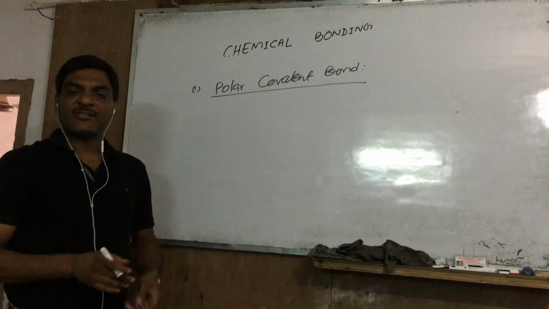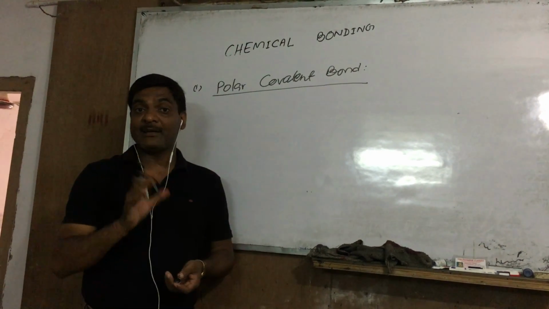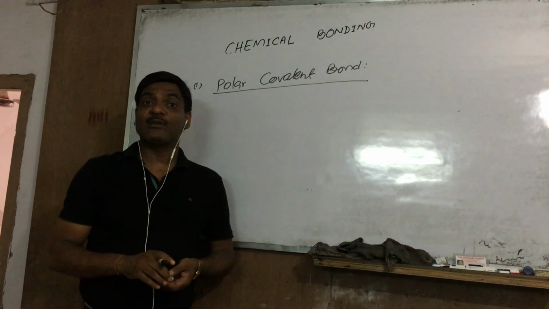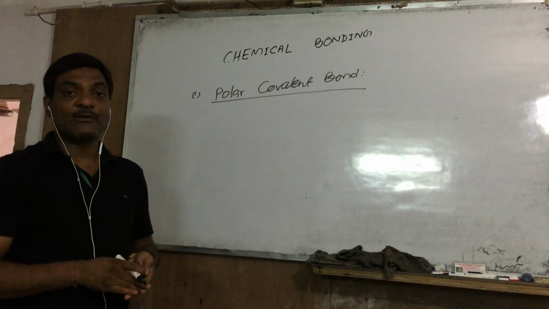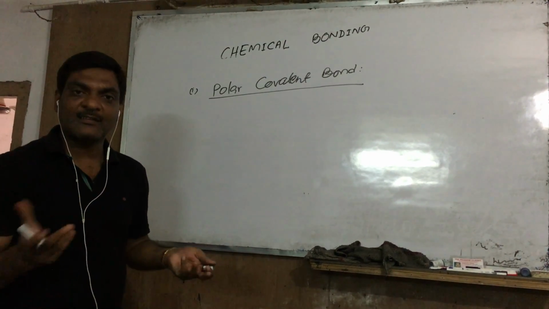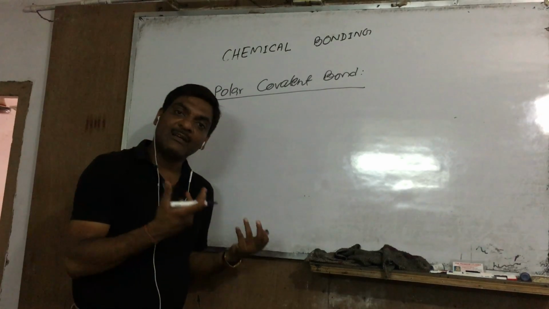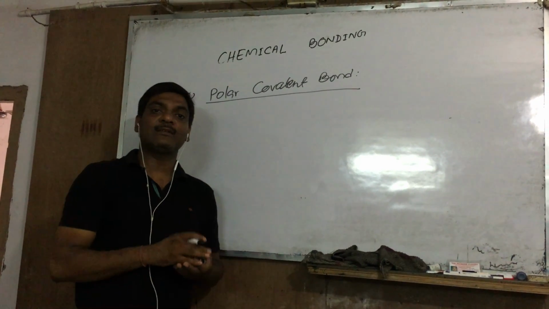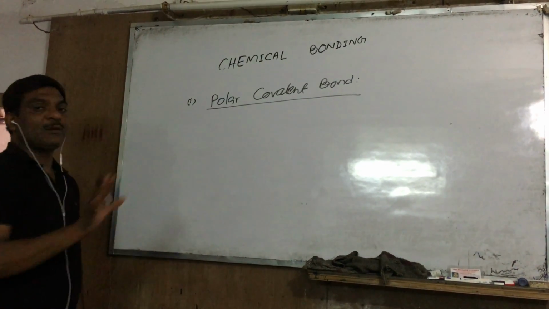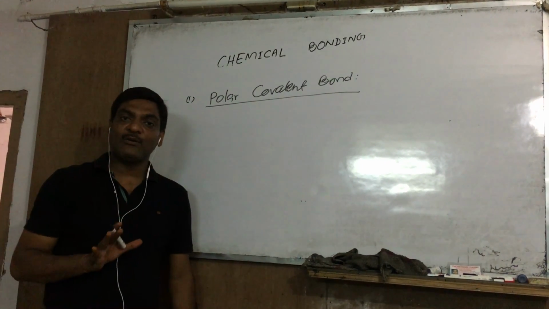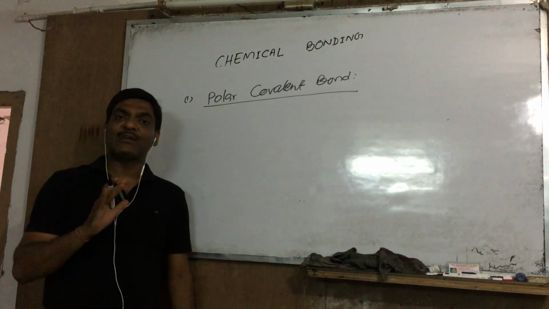It is clear that covalent bond is always formed between the atoms of non-metals, and non-metals are electronegative elements. Different non-metals have different electronegativities, that is, they have different tendencies to gain electrons. Someone is with higher electronegativity, someone with lower electronegativity. So polar covalent bond is the covalent bond which is formed between the atoms of different electronegativities.